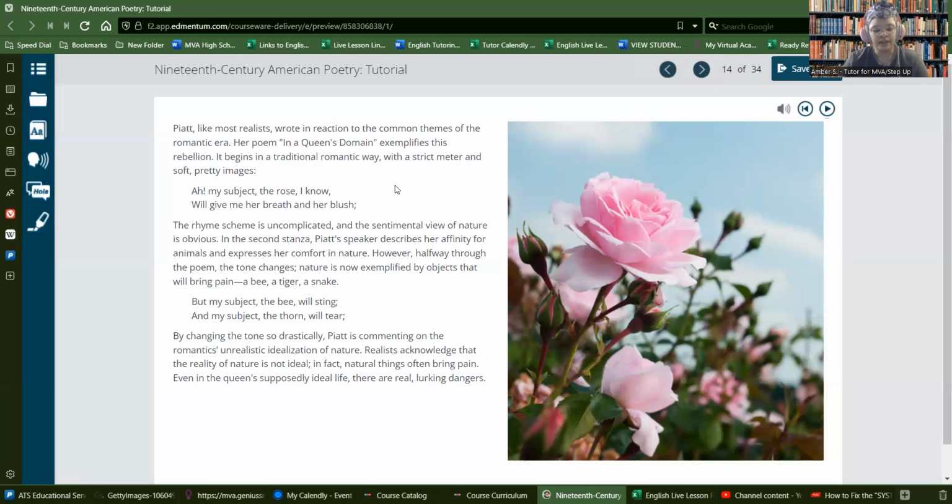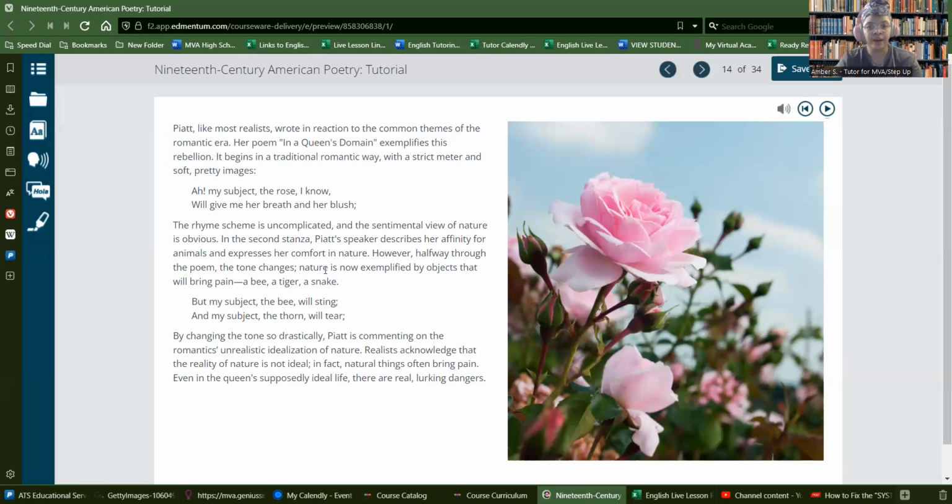It goes on to say that Piat goes on to talk about her view of nature and her love of animals. But then halfway through this poem, she changes her tone, right? And she starts talking about different types of animals and plants that are not pleasant to look at.